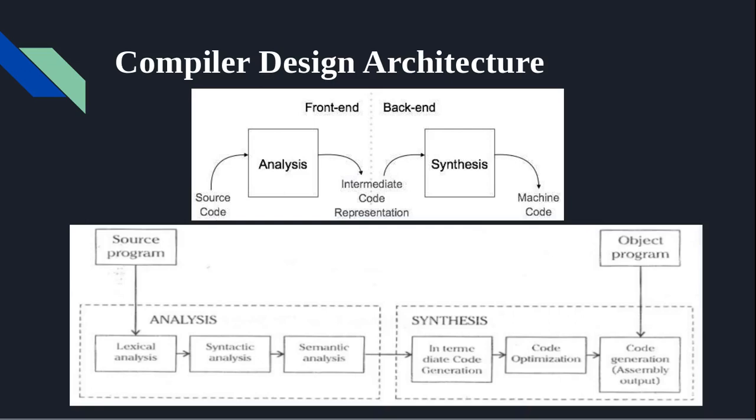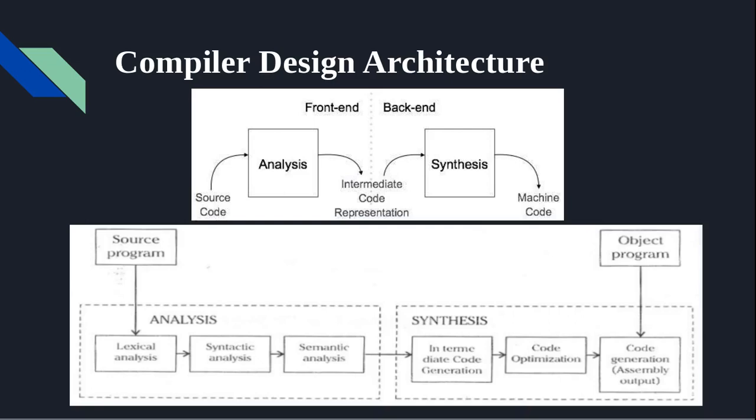Now we are moving on to the structure of a compiler. As you can see in the first diagram, the compiler can be divided into two parts, analysis part and synthesis part. Analysis part is also called as front end, whereas synthesis part is also called as backend.